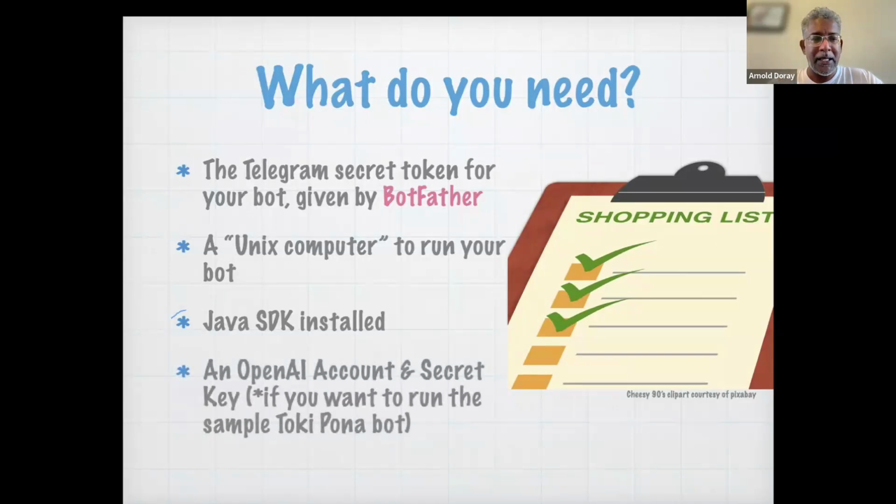And optionally, which we're going to use later on, you need an OpenAI account and secret key, if you want to run any kind of AI, because the AI we're going to use is through OpenAI. Of course, if you're using Claude or something else, you can also run that. We are building connectors for those in time, but for now, it's just OpenAI.